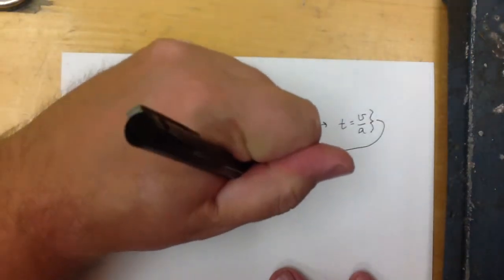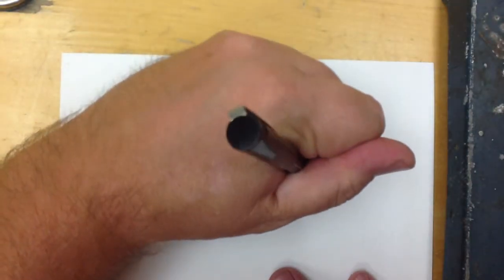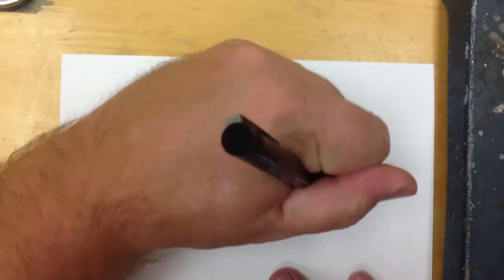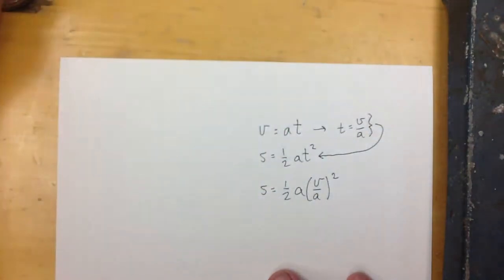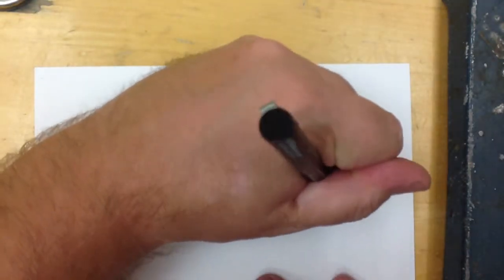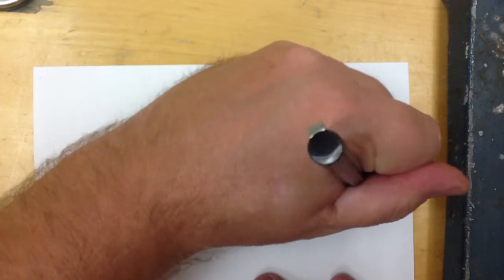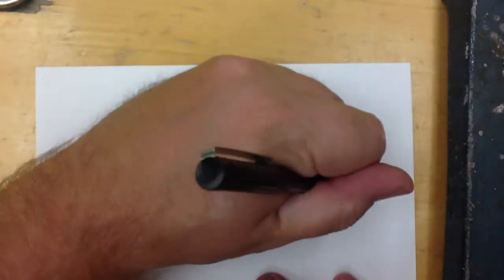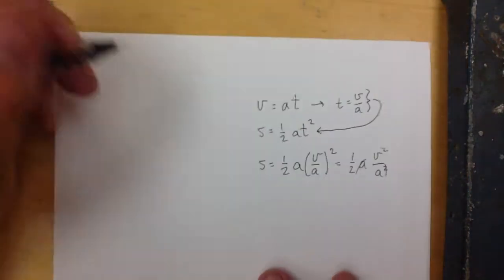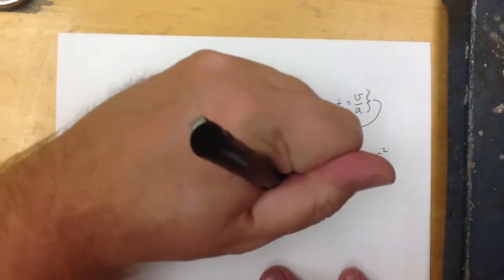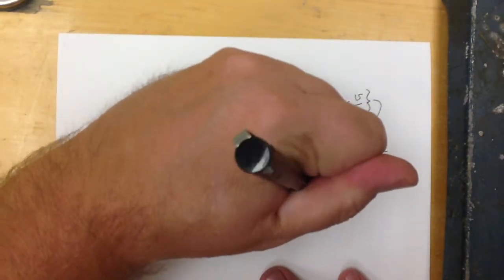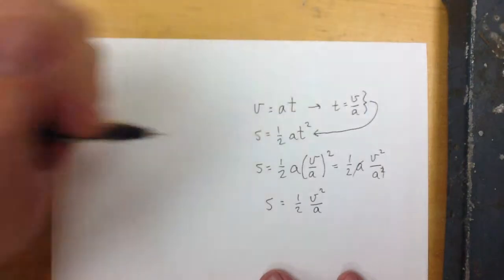And so I get s equals 1/2 times constant acceleration times the quantity v over a, squared. Now that's equal to 1/2 a times v squared over a squared. Now one of the a's will cancel out with the a on the bottom, and we now have an equation that's 1/2 v squared divided by a.